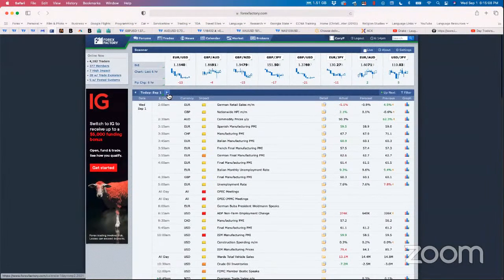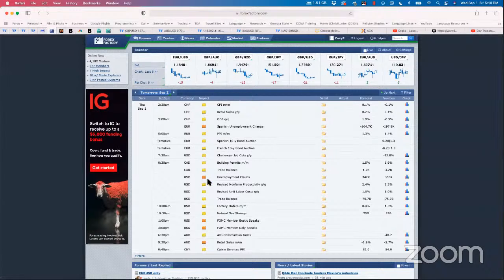And then tomorrow, we got unemployment claims, and we got our first numbers released on trade balance. That should probably be about the same. Should actually probably be higher.